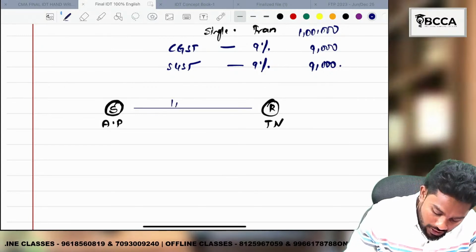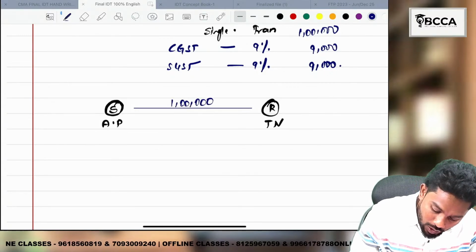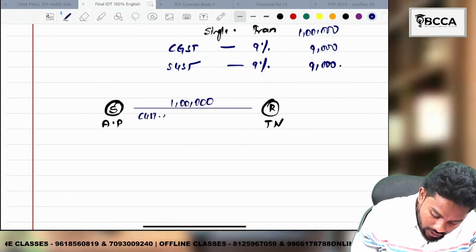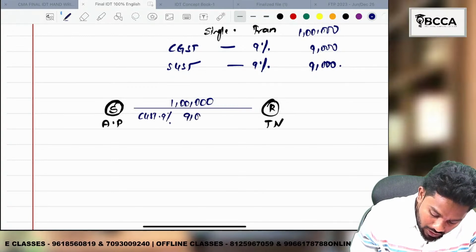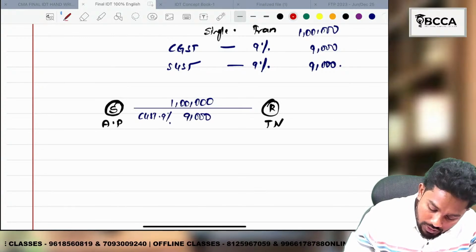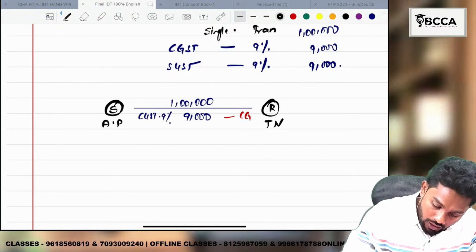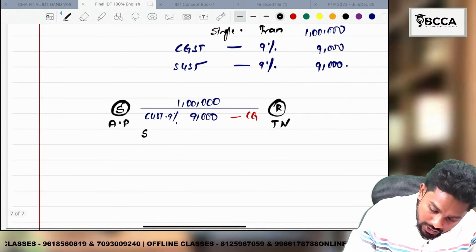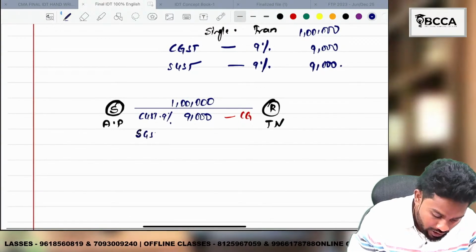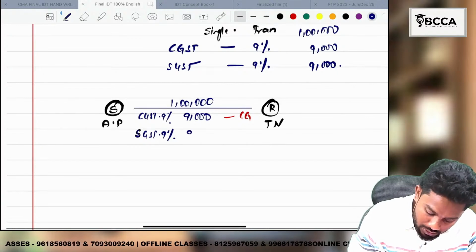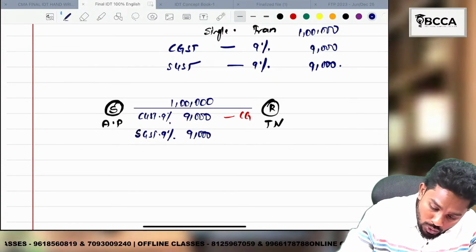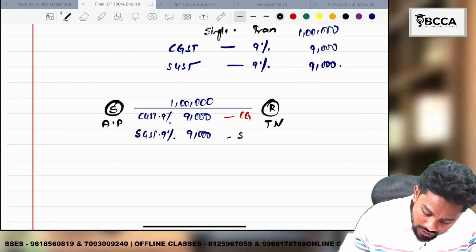Now let's say 1 lakh rupees is the value. On this, if you levy CGST 9%, 9,000, this will be taken away by whom? Central government will take this. Now there is something called SGST. SGST also another 9%, which comes to 9,000. This has to go to whom? State government. The central is fine, sir.